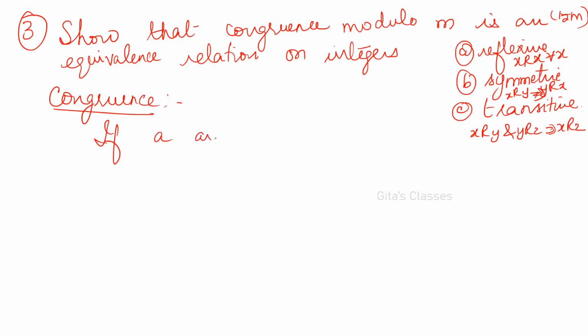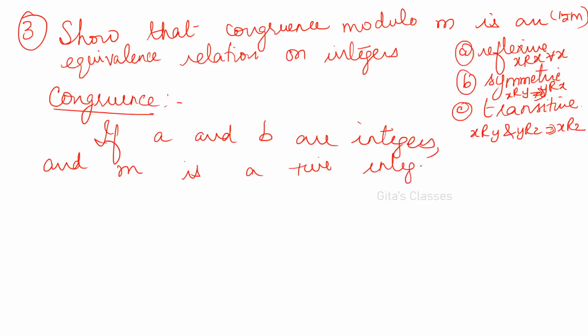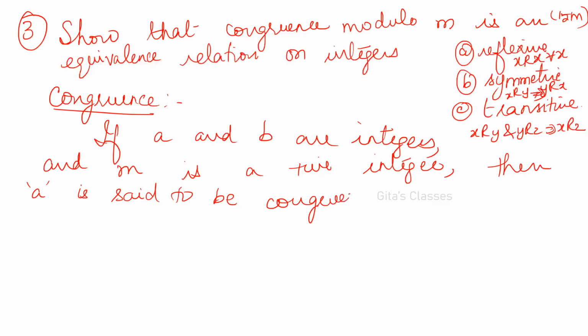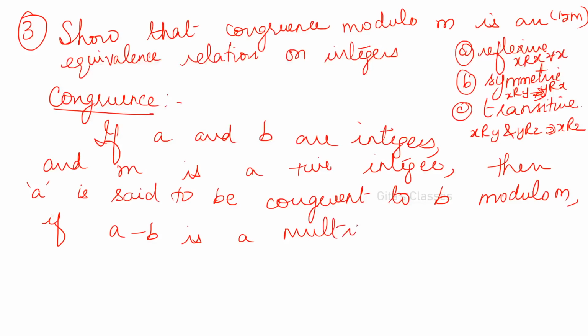If a and b are integers and m is a positive integer, then a is said to be congruent to b modulo m if a minus b is a multiple of m.